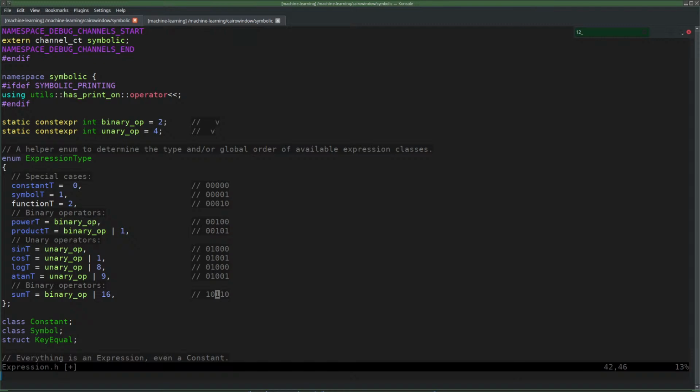Binary op again. This must be 0, 1, 1, 0. 0, 1, 0, 0. 0, 1, 2, 4, 5, 8, 9, well, 10, and 11. Yeah, this can be anything. This way it becomes larger and larger, right?